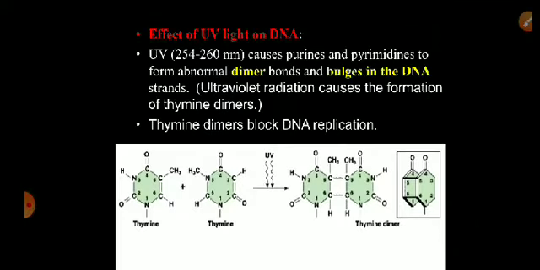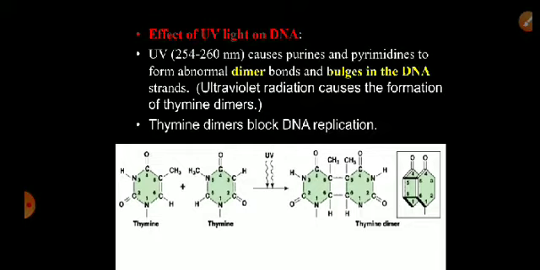Now, let us discuss the effect of UV light on DNA. Though UV light does not have high energy and does not cause ionization of bases, it creates free radicals.